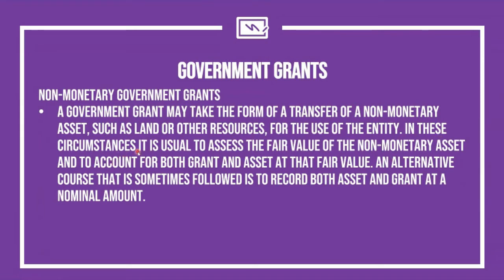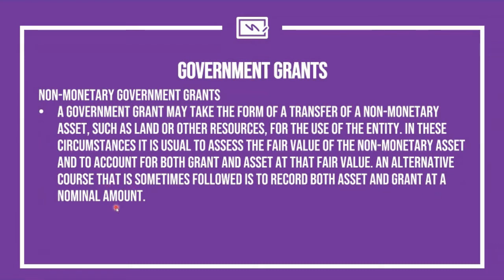In these circumstances, it is usual to assess the fair value of the non-monetary asset and to account for both grant and asset at the fair value. An alternative course sometimes followed is to record both asset and grant at a nominal amount.